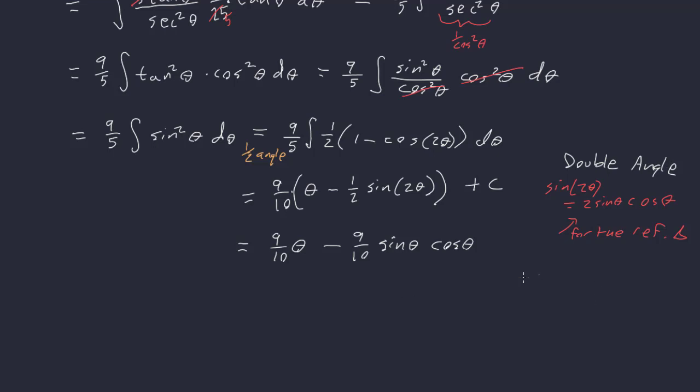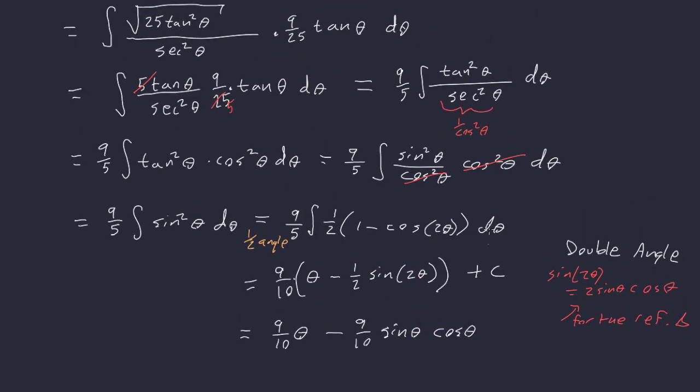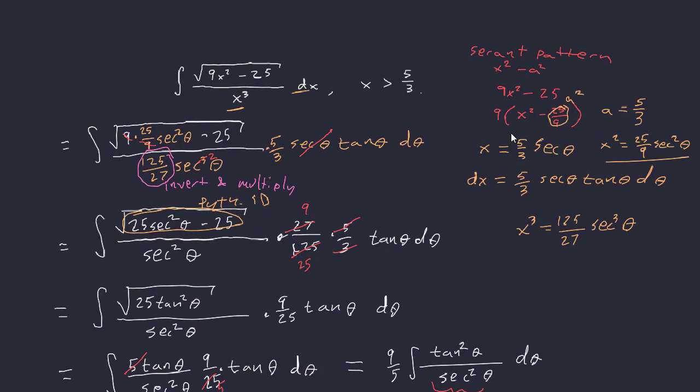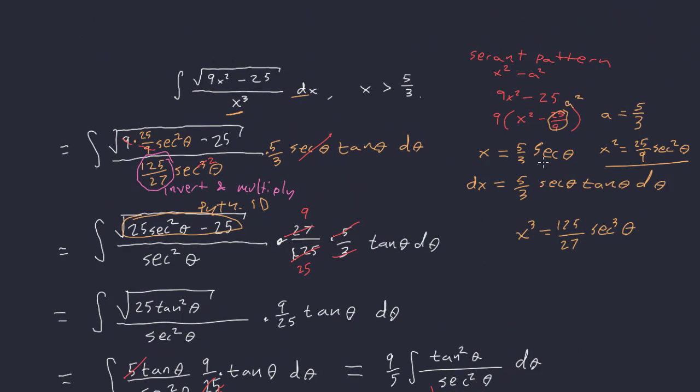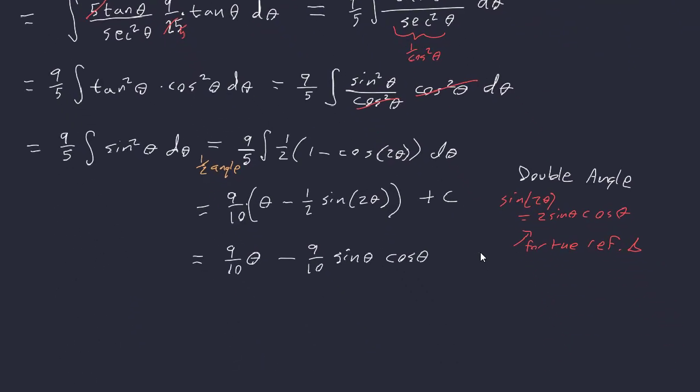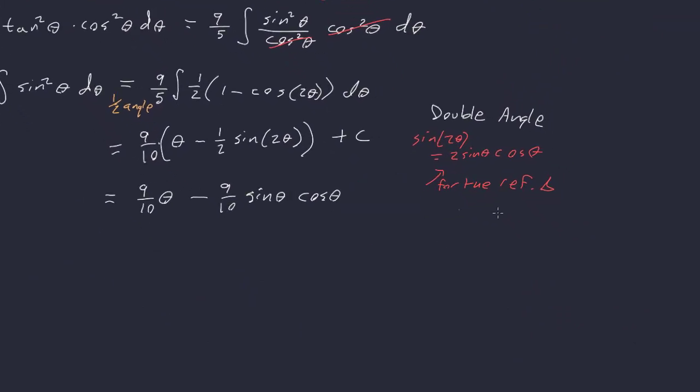Now we need to set up a reference triangle because when we did this, notice our answer, we don't even see a secant, and that's what we started with. This was our transformation here. Let me rewrite our transformation.